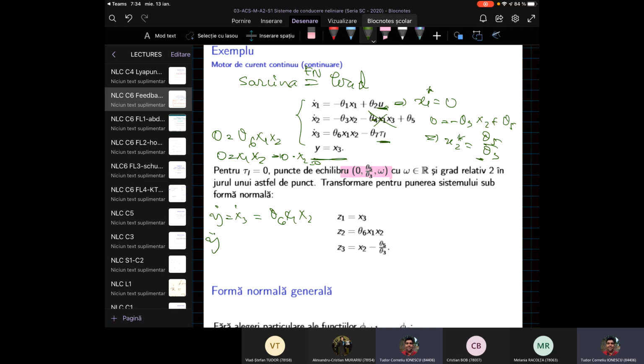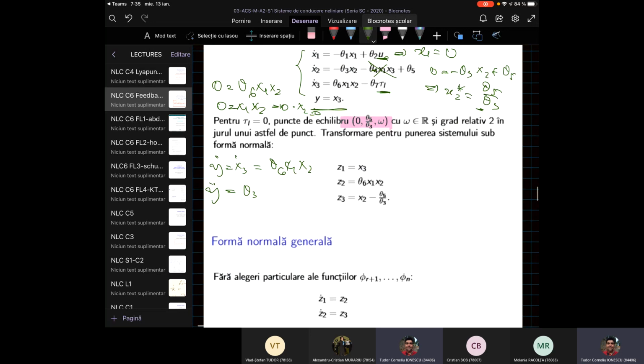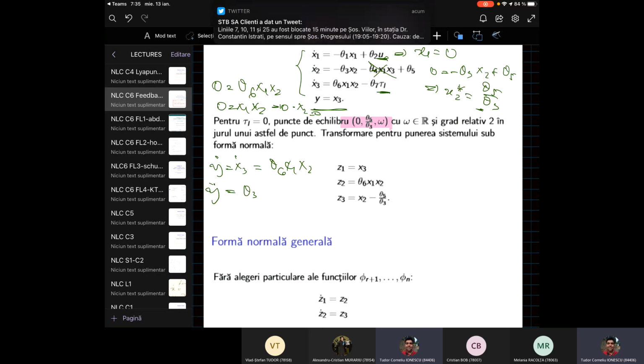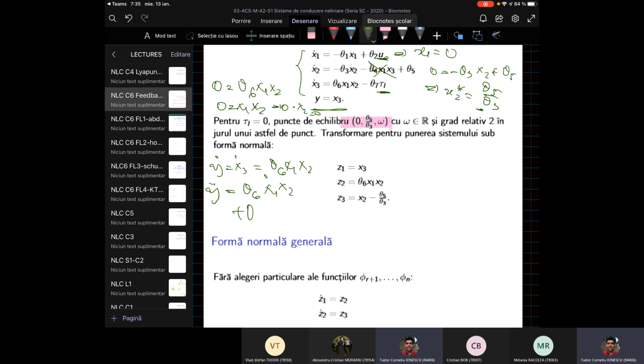y double dot is, what am I doing here? I'm not doing it properly. y double dot, sure, is theta 6 x1 dot x2 plus theta 6 x1 x2 dot. You agree?